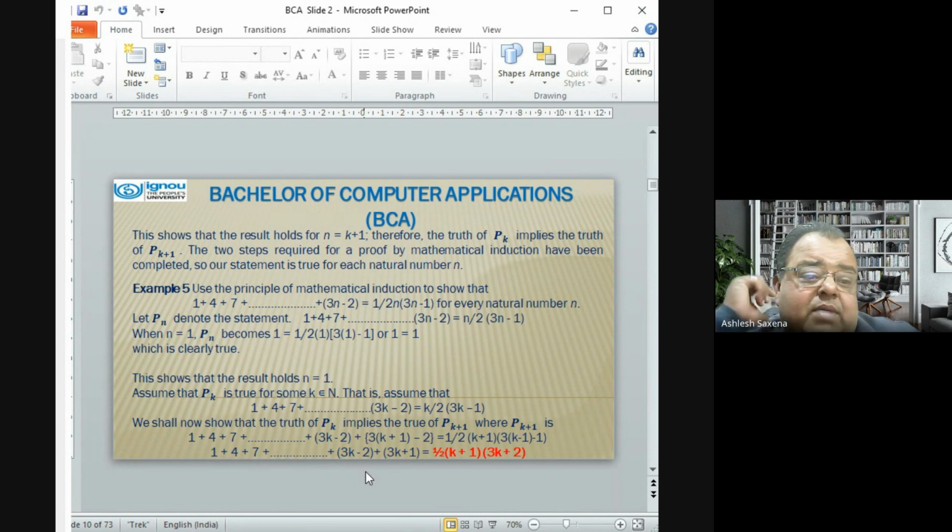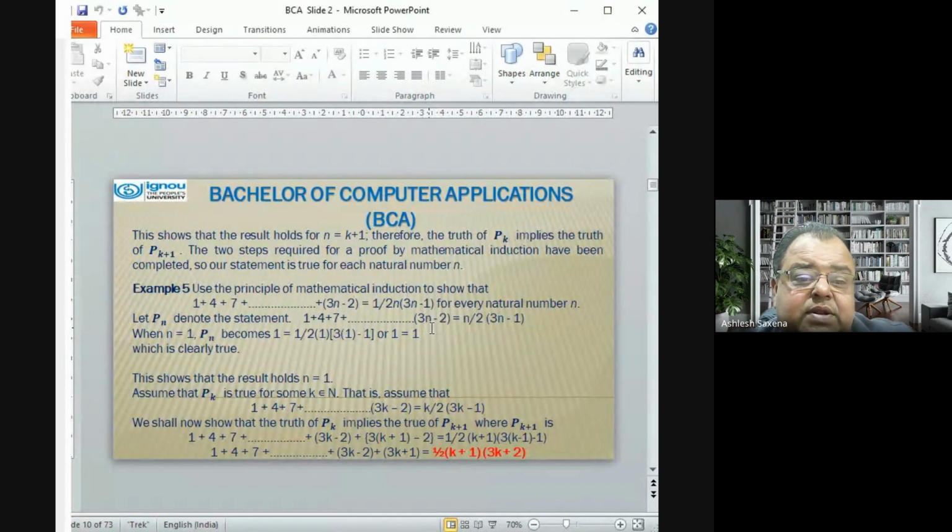Your next problem is 1 plus 4 plus 7 till 3n minus 2 is equal to 1 by 2 into n into 3n minus 1, and is true for every natural number n. So first of all, what will we do? We have to pick this part.